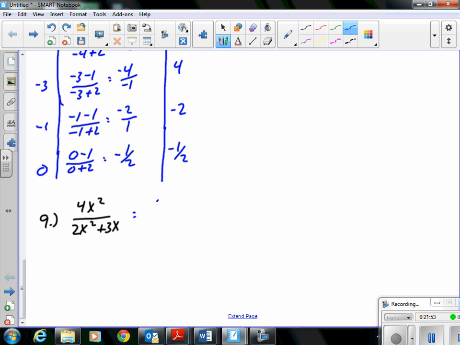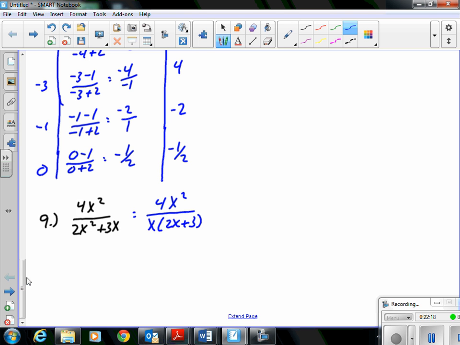And so we can just have 4x squared on the top. On the bottom, we got 2x squared plus 3x. The 2 and 3, nothing in common we can pull out of those. But the x squared and x, we got an x we can pull out. So x times 2x plus 3.